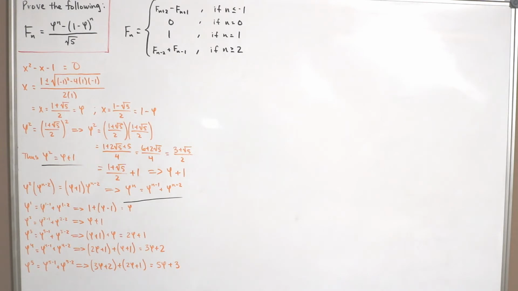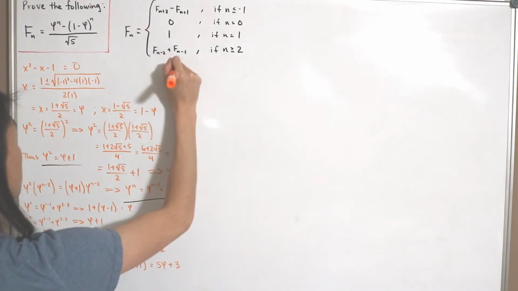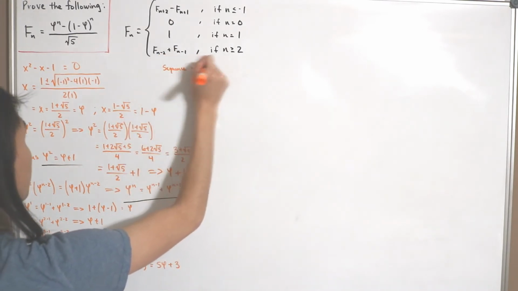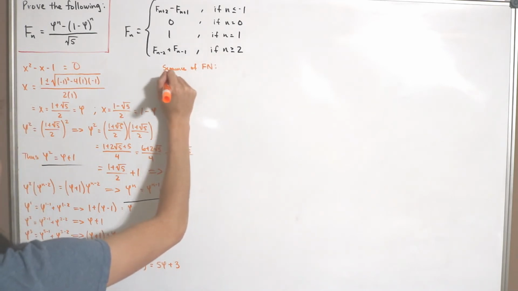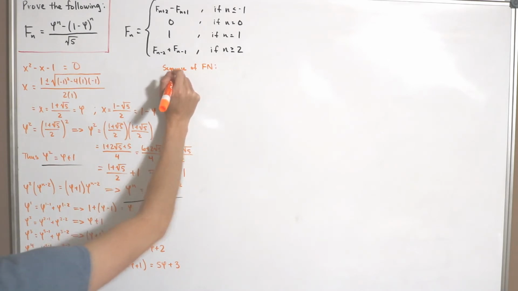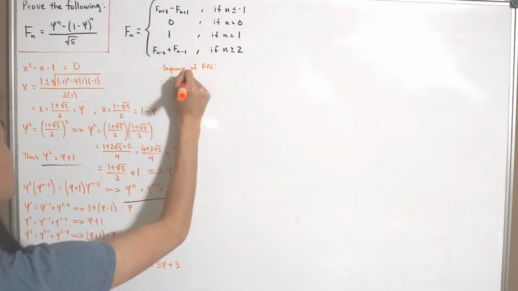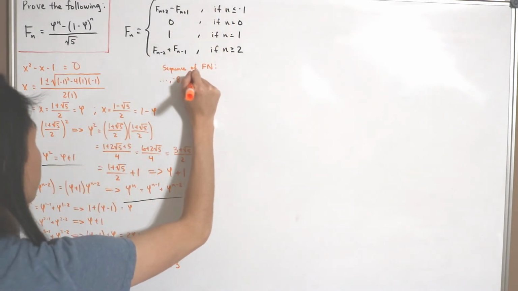So let's actually write this out. Let me write out the sequence of the Fibonacci numbers itself, which I'm just going to abbreviate as F sub n. I'll start out with just the 3 dots first. And then let's say we start off with negative 8. Then we use that formula, and it's going to be positive 5.